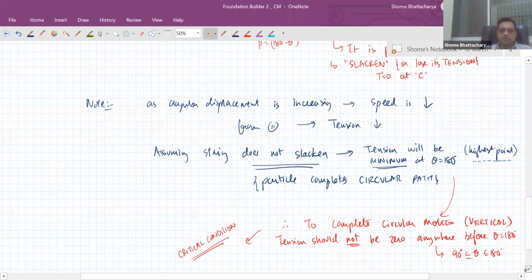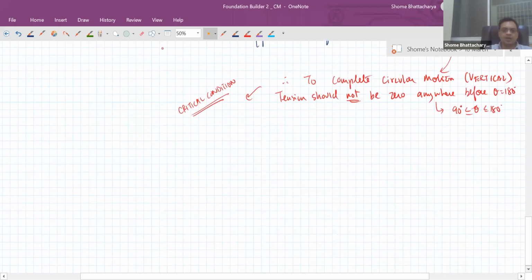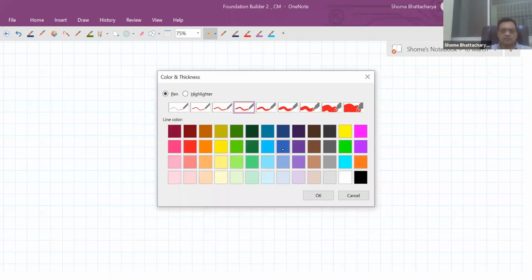Okay, so the critical point for us is the highest point. Now let's see. Assuming that our particle is completing the vertical circular motion, this is pretty easy to figure out.